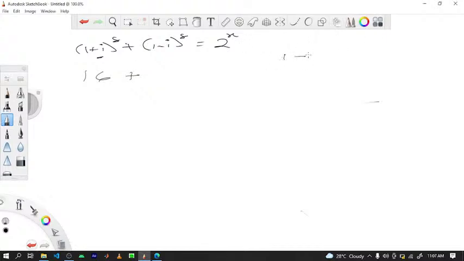So 1 minus i is equal to root 2 again for the magnitude, e to the power i, and for the quadrant, you can see clearly that this is going to be in the fourth quadrant here, right?